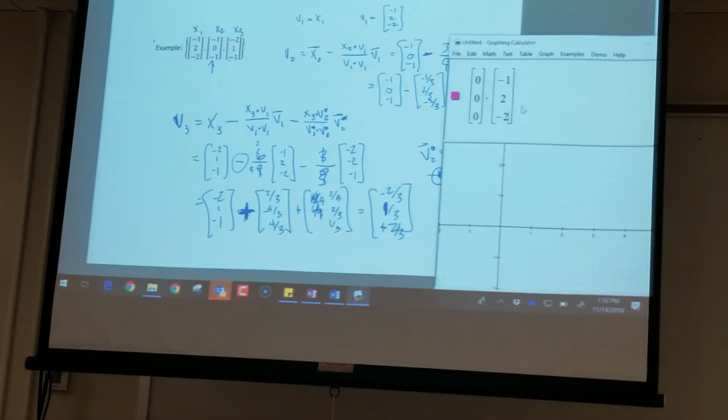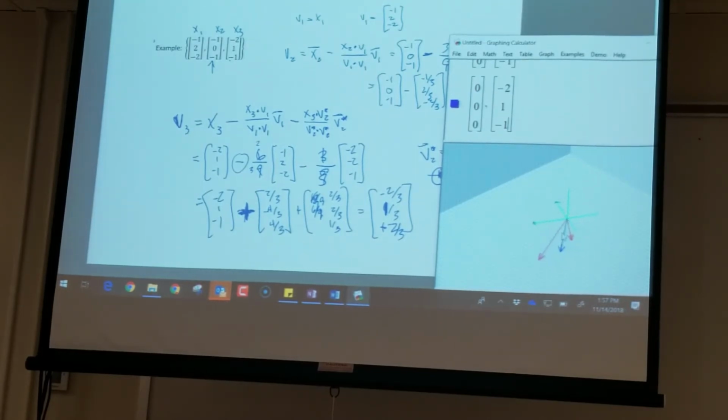I don't know if I have enough time to do this. -1, 0, -1. So these are the three vectors that we start off with. They're not at all perpendicular, right?